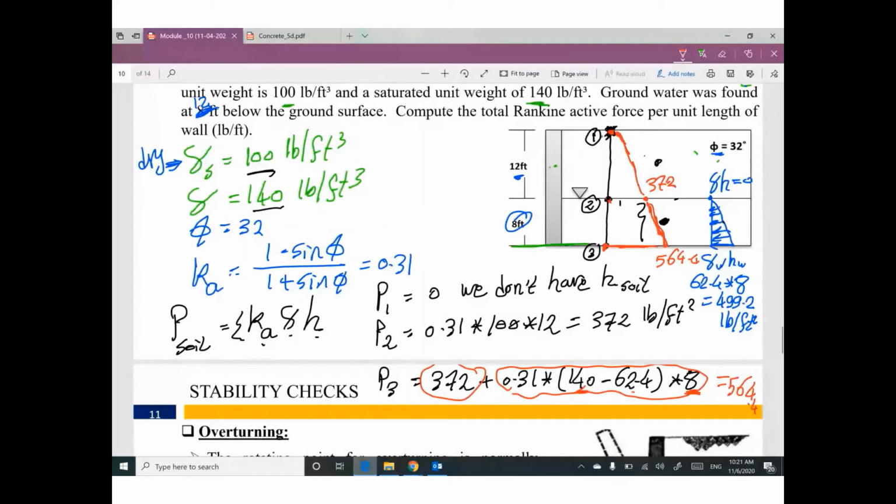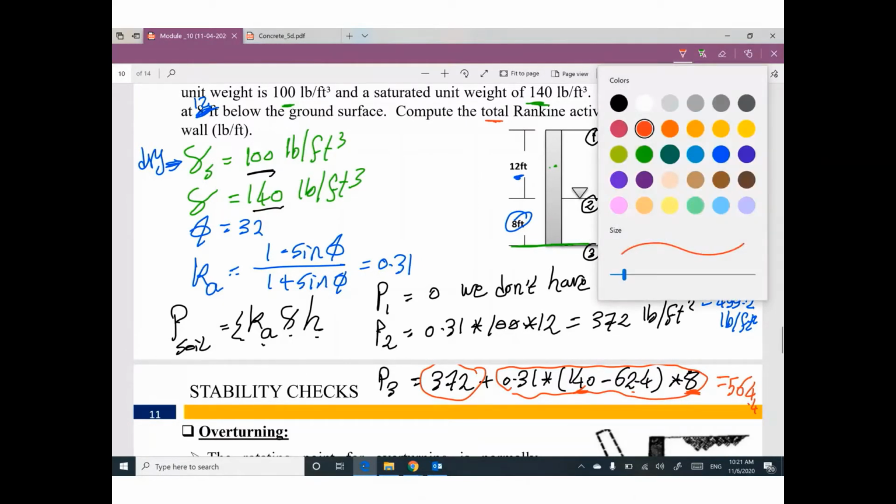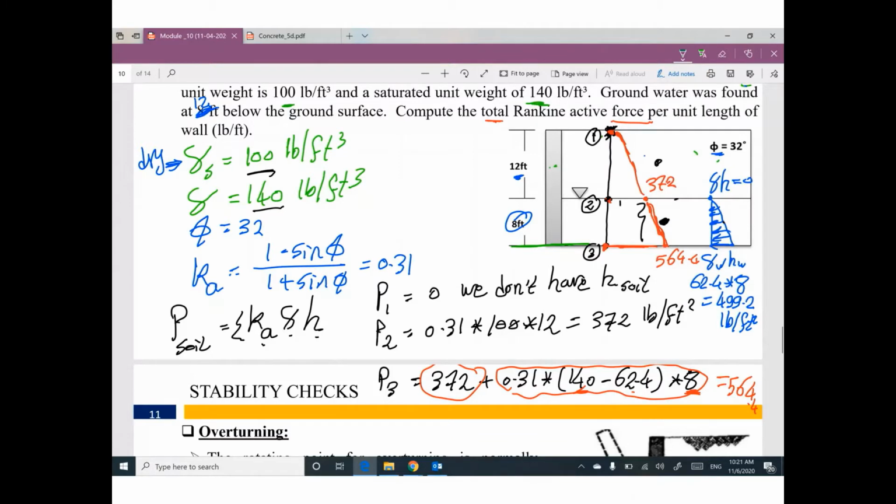But the problem didn't ask to calculate pressure. The problem asked to calculate the total force. Okay, we need to convert this pressure to force. I think this triangle can be converted to a force. How?